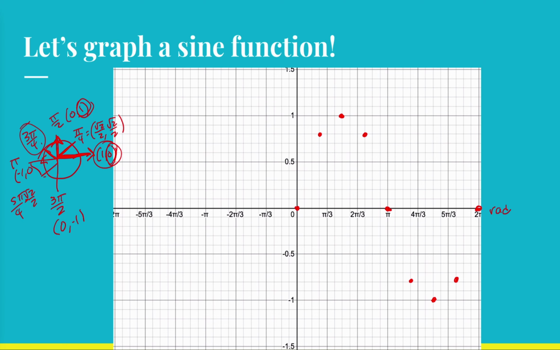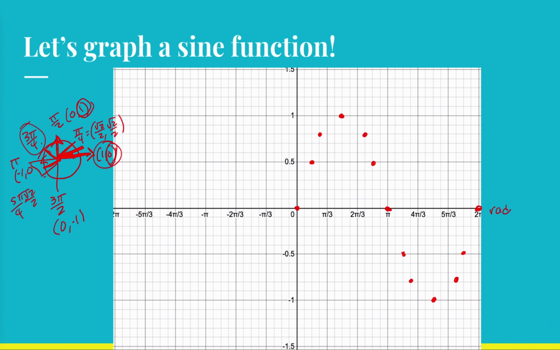We also know that at pi over 6, our function is equal to 1/2. And the same thing, sine of 5 pi over 6 is 1/2. And sine of 7 pi over 6 and 11 pi over 6 are negative 1/2.